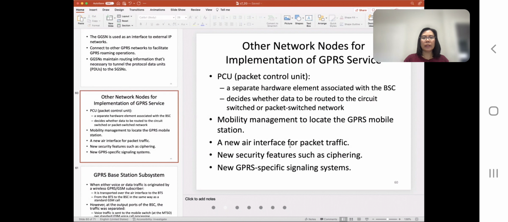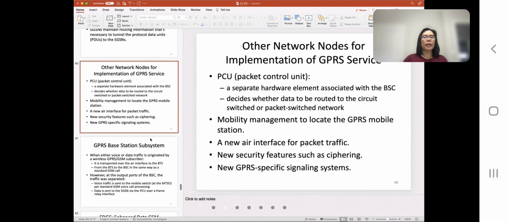There would be a new air interface for packet traffic. When we say air interface here, that means a new kind of modulation, a new kind of signal for data, different from voice signals. There would be new security features as well for data, and a new GPRS-specific signaling system, because it's for data, it's different from voice.